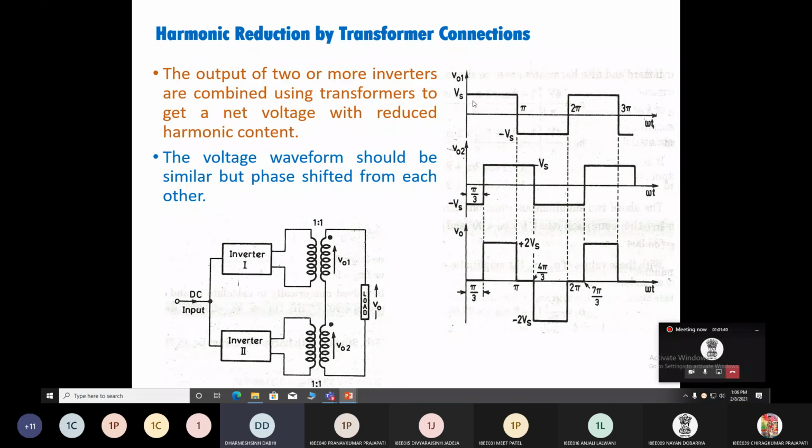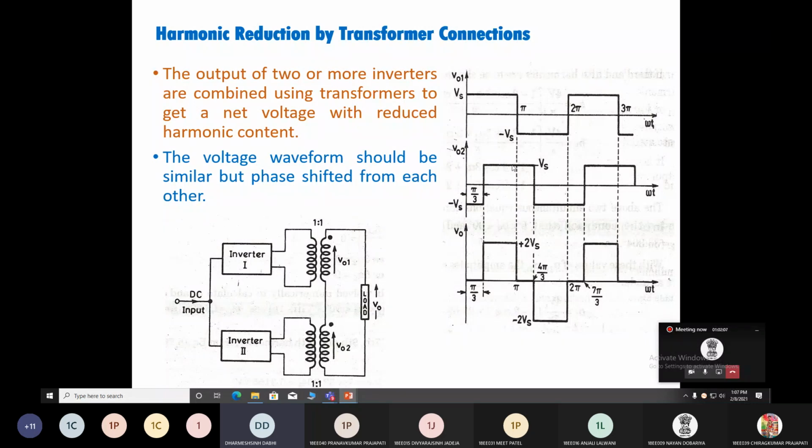For the first 60 degrees, you get V01 is plus Vs and V02 is minus Vs. So the summation is Vs plus minus Vs, which is 0. So you get zero voltage. After that, from 60 degrees to 180 degrees, you get the negative voltage V02, but V01 is only there between 60 to 180 degrees.